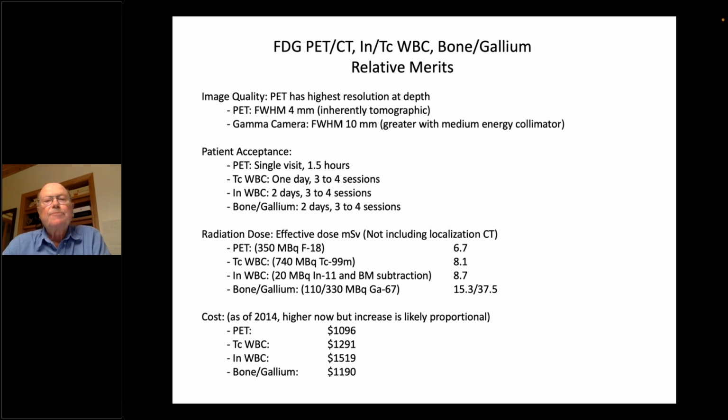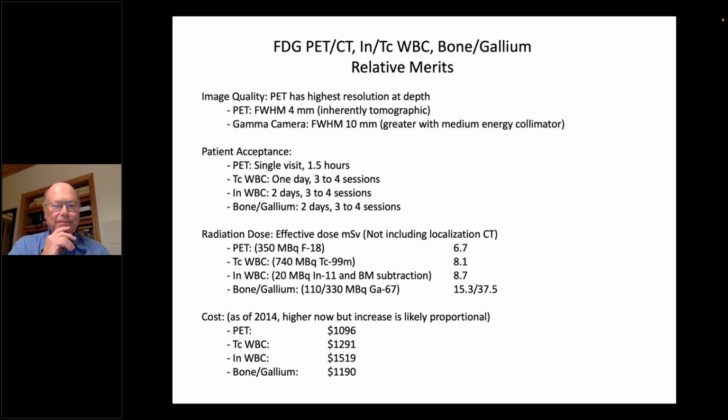Radiation dose is comparable for PET-CT and for technetium white blood cells. For indium white blood cells, the dose is however very high because of the high splenic radiation dose.